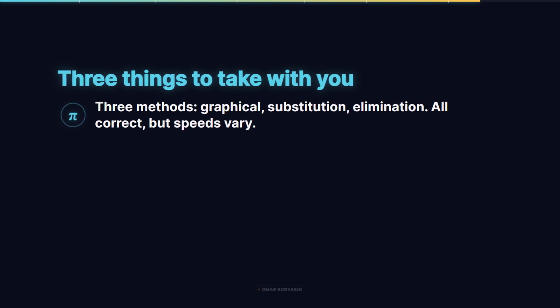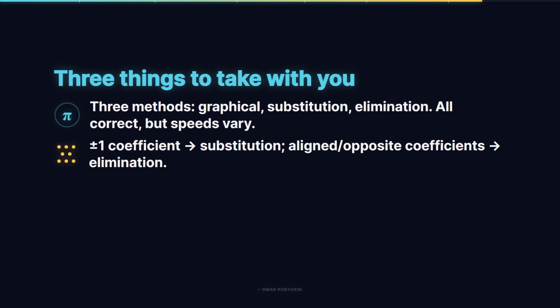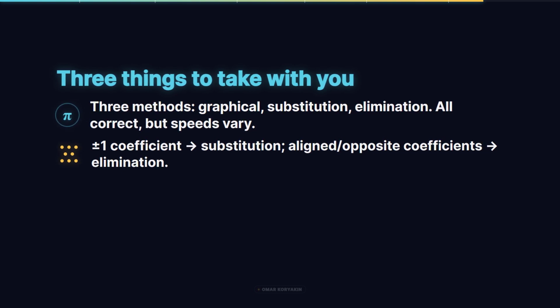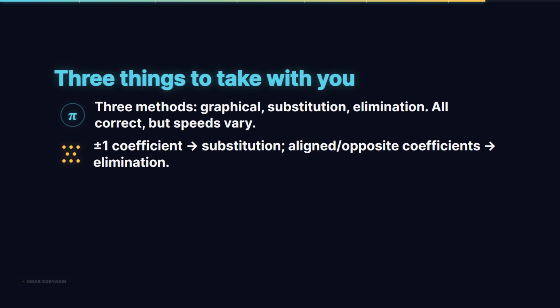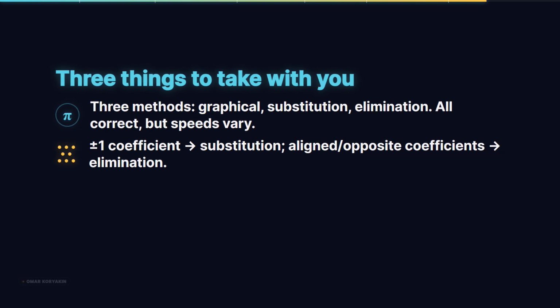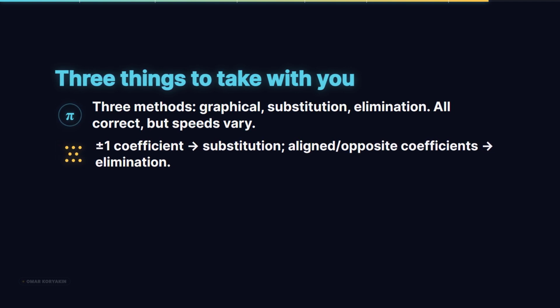Second, the decision rule for choosing the right method has 2 main branches based on the equations. If one of the 2 equations has a variable with coefficient plus or minus 1, substitution is usually the fastest method because that variable can be isolated cleanly with no fractions.